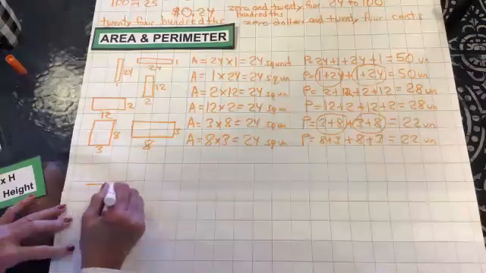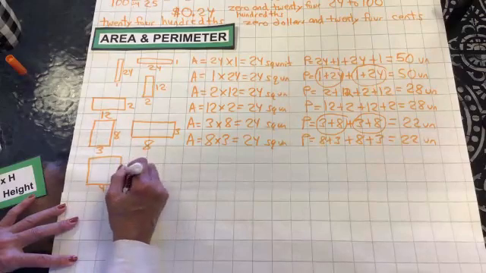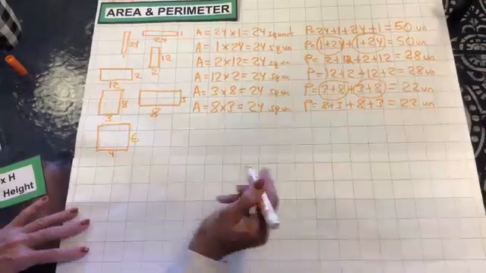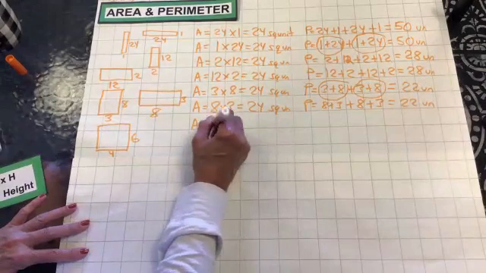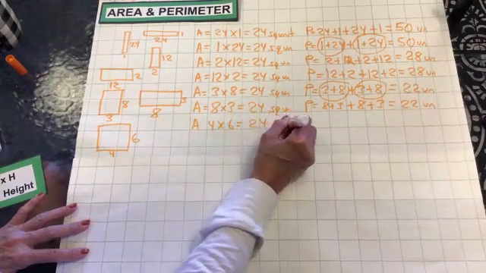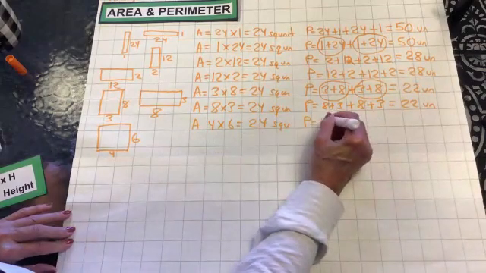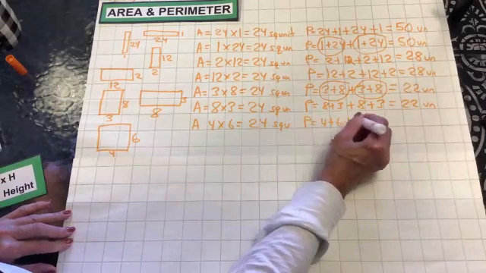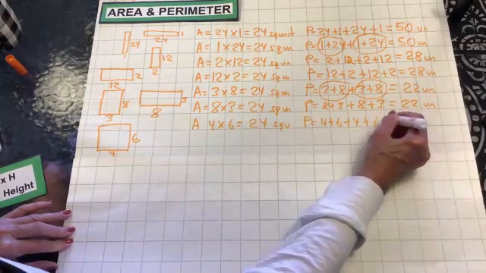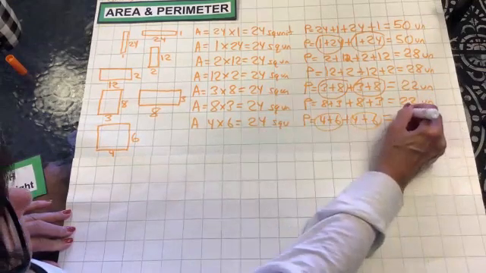Let's go on to 4 by 6. So now this is really getting into a square looking thing. So 4 by 6, hopefully y'all can see that. So this would be a 4 times 6, which equals 24 again. And the perimeter equals 4 plus 6 plus 4 plus 6. And I put these together and it's 10 plus 10. So that's 20.